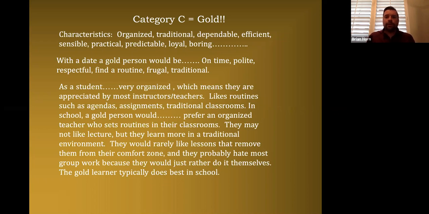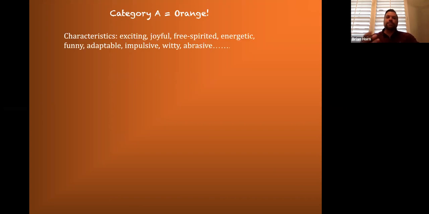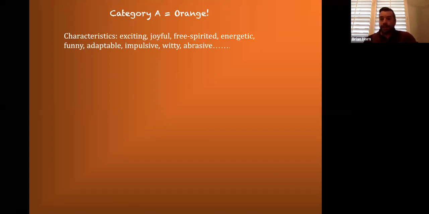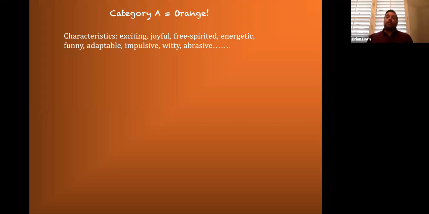Now, the next color to which I want to refer probably creates the most friction between the gold personality and itself. And that's category A on your survey. If that's your high number, then you are an orange personality. The orange personality is very spontaneous. They're free spirited. They are the risk takers. Oftentimes, they are very impulsive, oftentimes viewed, particularly by gold, as abrasive and rude and disorganized, which is true.